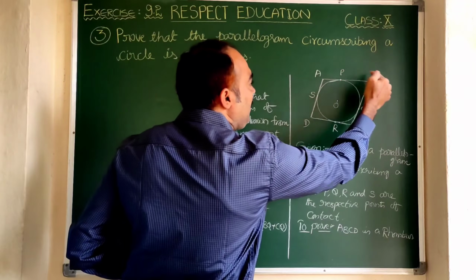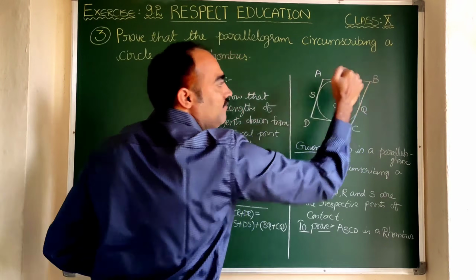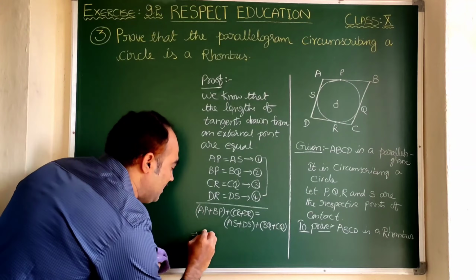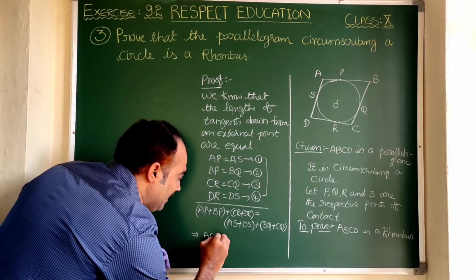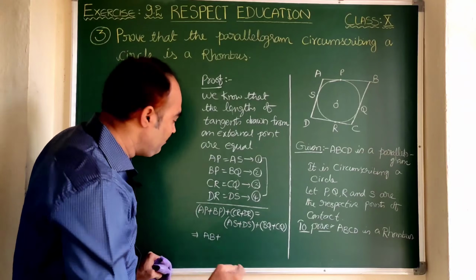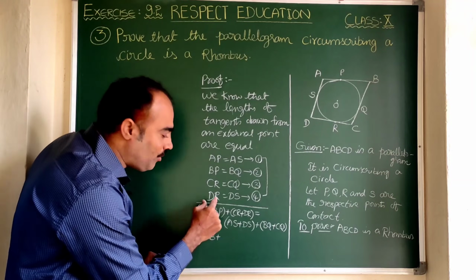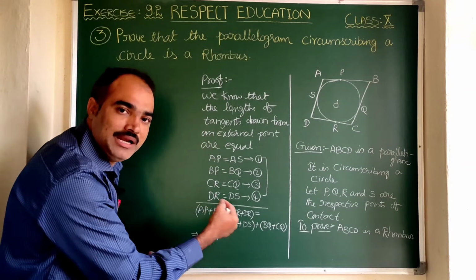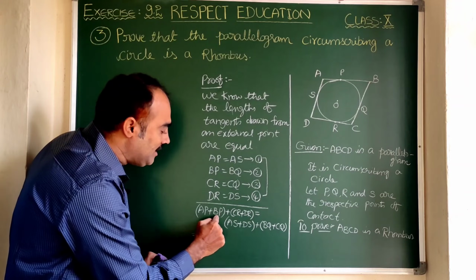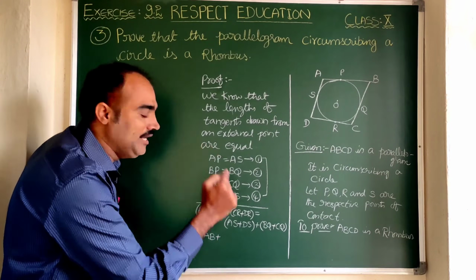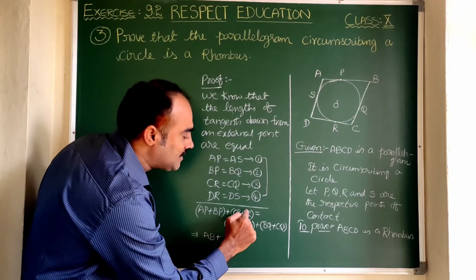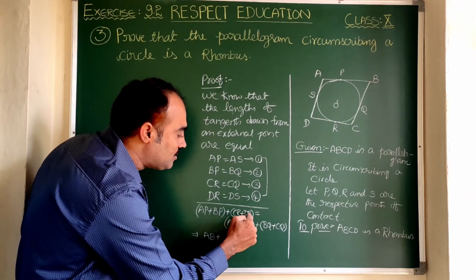Now let us observe carefully. Here AP plus BP is nothing but AB, so here I replace AP plus BP with AB. Here I can give you a small clue also. Which is common, that point can be neglected. AP and BP, you see P is common, you can take out the P, AB you will get. Same way here, CR plus DR, R is common, you can take it out, so CD.